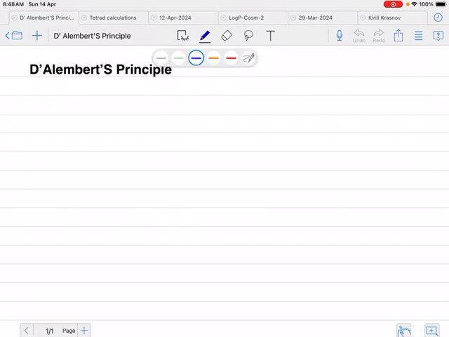A virtual displacement or infinitesimal displacement of a system refers to the change in the coordinates of the configuration. So there is some kind of configuration, and the change in this configuration, the arrangement of the points, refers to the virtual displacement.